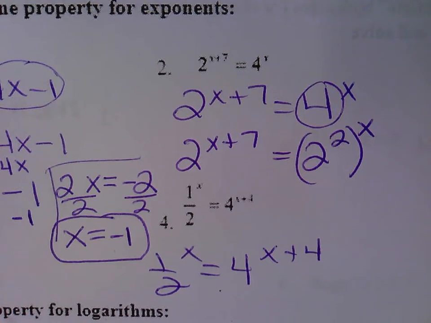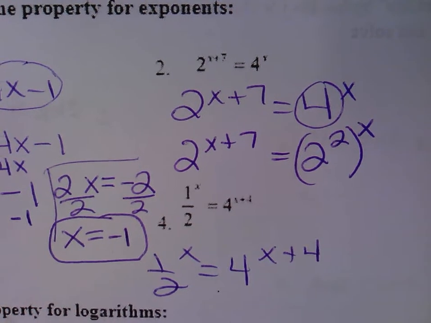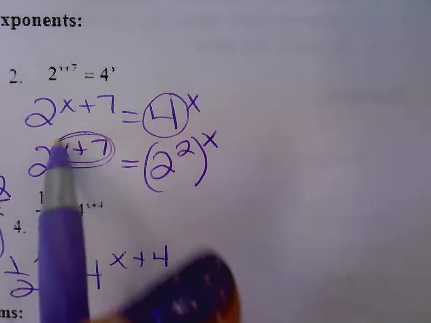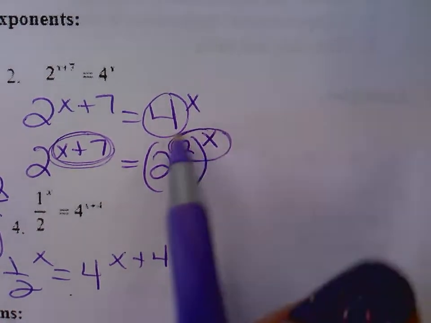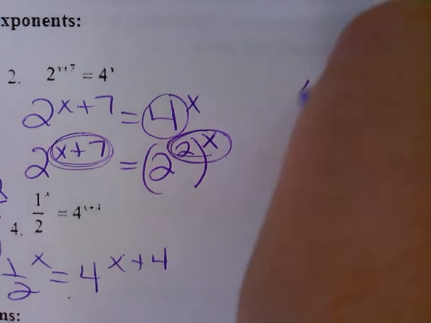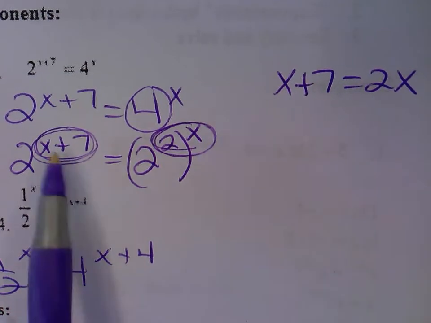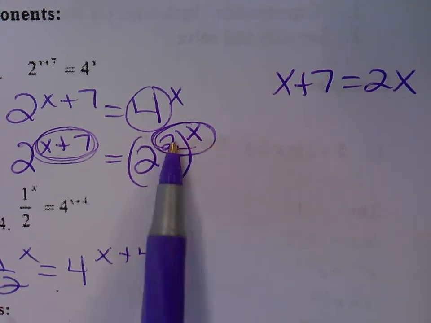Because when you distribute, you can multiply the exponents. So I'm just going to rewrite it over here. All I really care about is that this x plus 7 is equal to this 2x now by the one-to-one property. Once my bases are the same, I just need to set this exponent equal to this exponent.